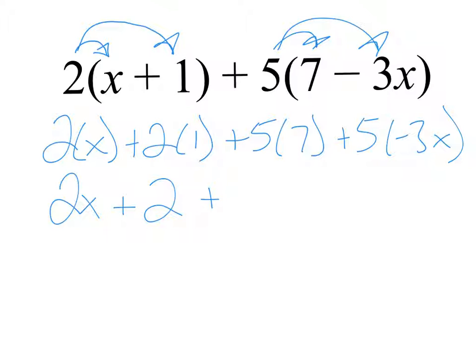5 times 7, 35. And then 5 times negative 3. Well, positive times a negative is a negative. 5 times 3 is 15. And then we have x. So we're not done. What do we have to do here? Well, you got it. We have to combine like terms.